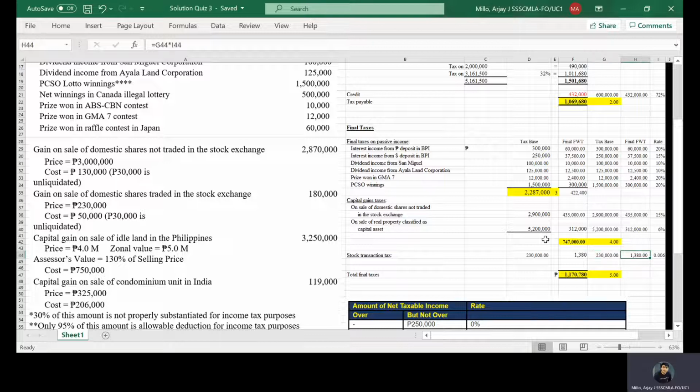That's 230,000 times 6/10 of 1% of gross selling price. So that's 1,380. Pag-add natin to, 422,400 plus 747,000 plus the 1,380, that's total of 1,170,780. So yun lang yun. That's the answer for question number 5.